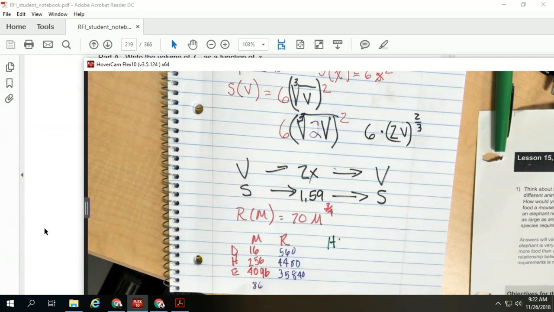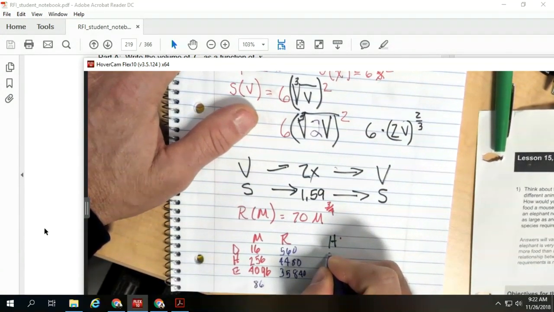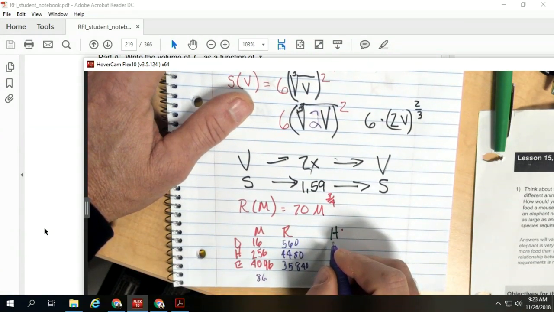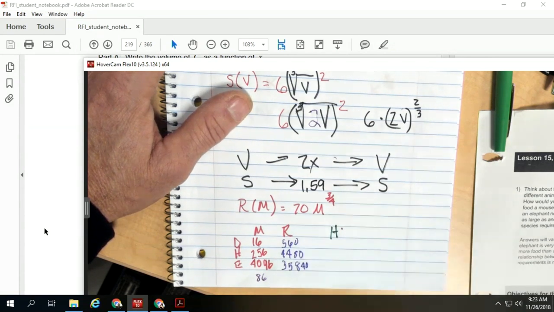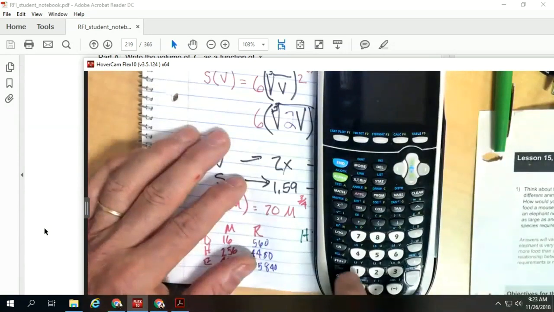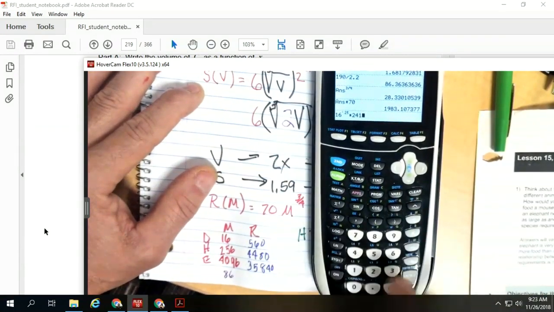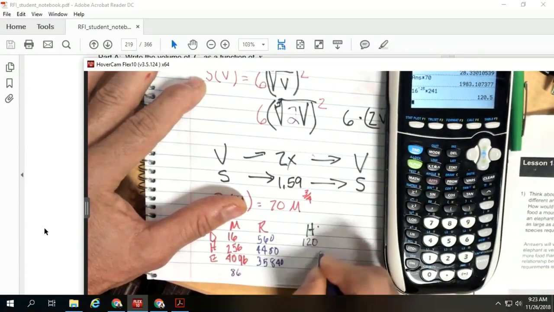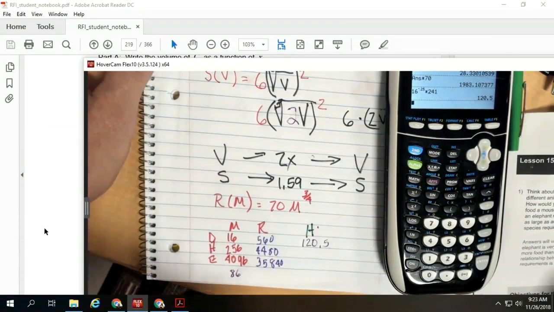What did you get for heart rates? Let's give me some numbers. Dog. Nobody got it? Do you know what to do? 16 to the negative 0.25 times 241 is 120. Did anybody get 120.5? Yes. Oh, okay.